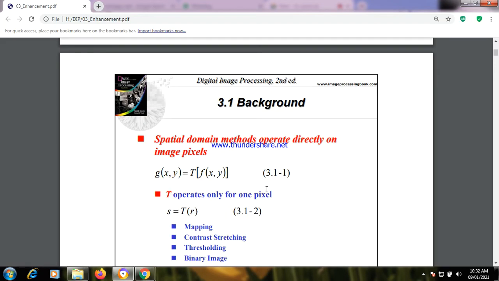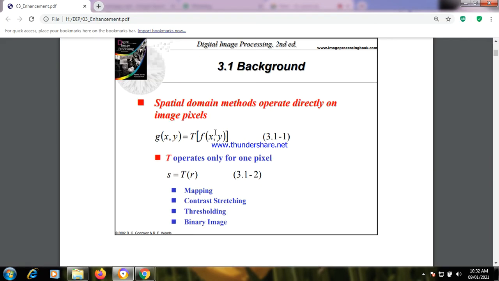So next is spatial domain methods. It means whatever methods we apply directly on the image pixels. Say f of xy is any pixel in an image, then T is the transformation that operates on that particular pixel, and g of xy is the modified pixel.